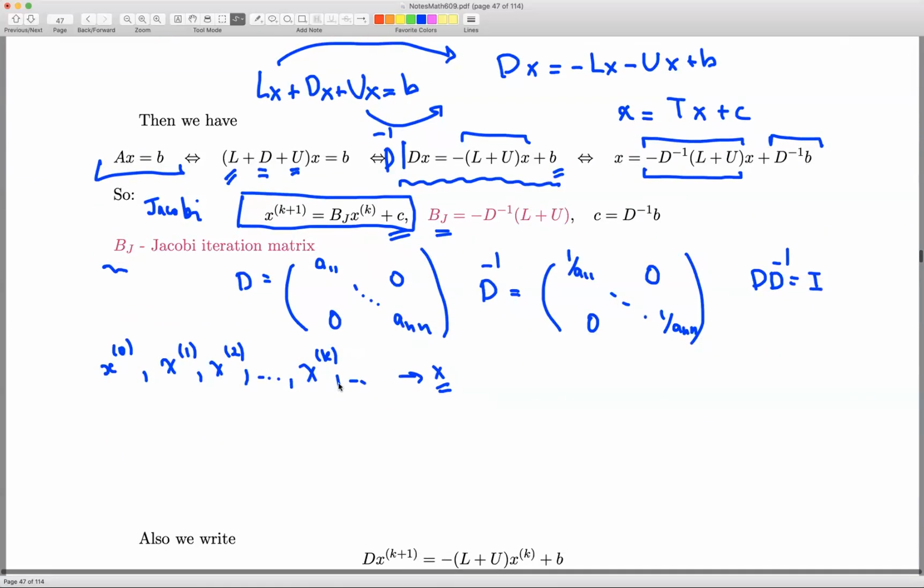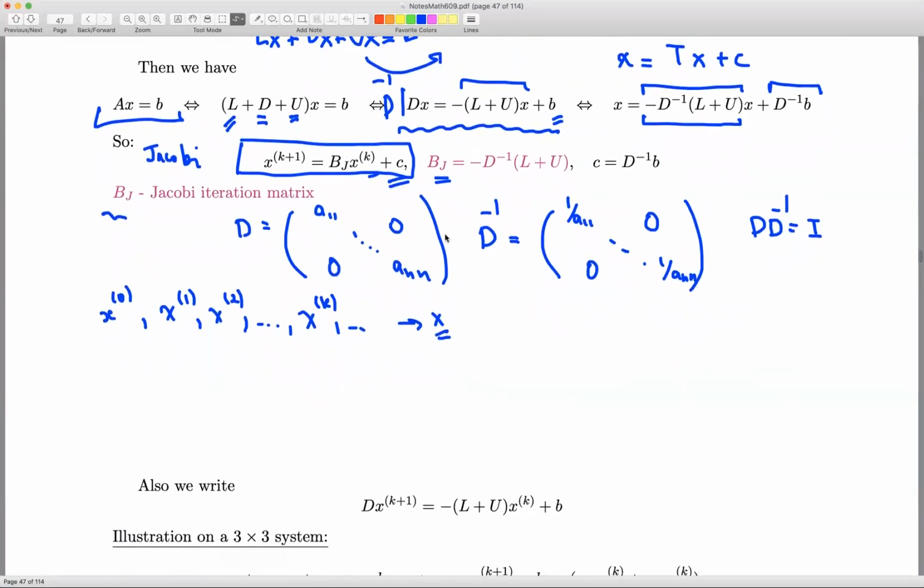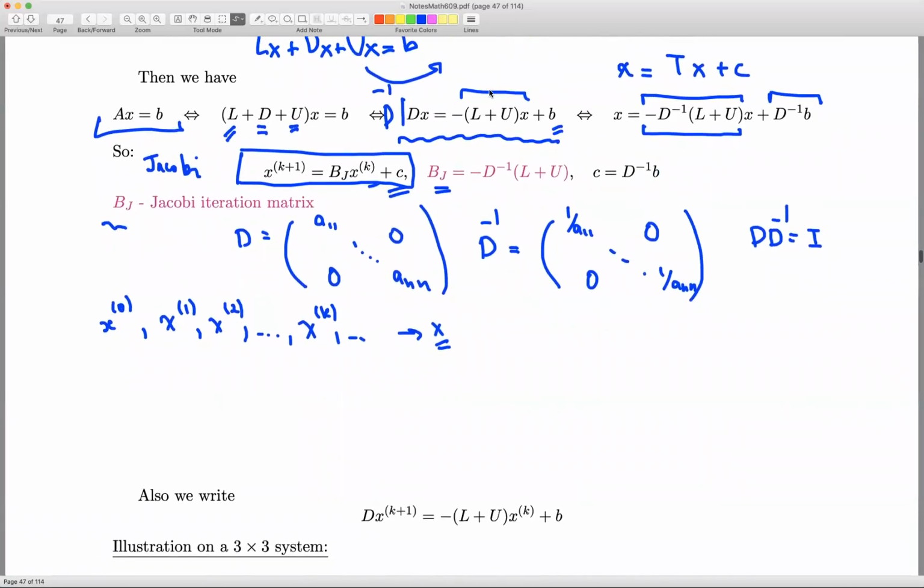So now, usually when we write the Jacobi method, we do not write it in this form. We leave the D on the left-hand side. So we look at this system here, and everything that is on the left-hand side we give a superscript k+1.